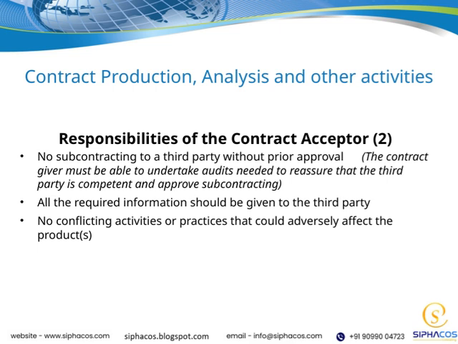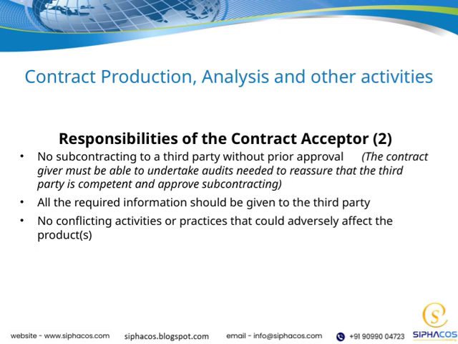Secondly, all the required information must be provided to the third party. This ensures transparency and that everyone has the necessary data to perform their roles effectively. Another key point is that there should be no conflicting activities or practices that could adversely affect the product or its quality. It's important to avoid any actions that might compromise the integrity of the work or the final output.